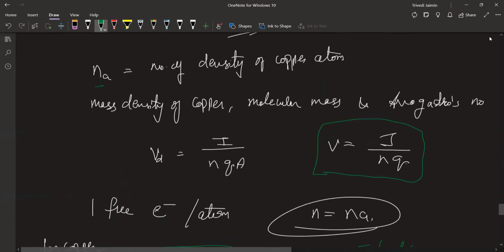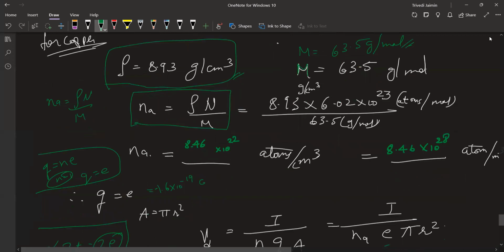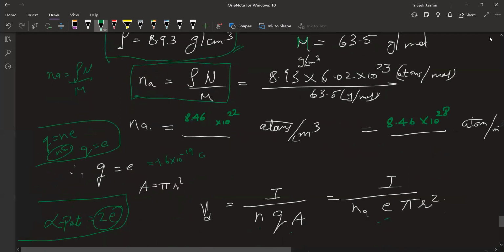This is the relation between the mass density of copper, molecular mass, and Avogadro's number. The molecular mass is 63.5 gram per mole, and N is your Avogadro number, 6.02 into 10 to the power 23. So Na equals rho, that is density, into N Avogadro number by molecular mass.